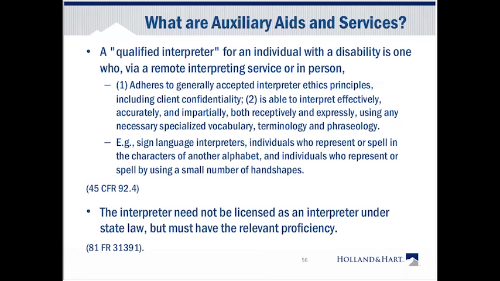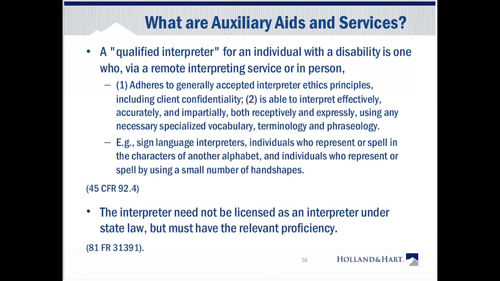So a qualified interpreter for someone with a disability, as opposed to someone with limited English proficiency, still has to adhere to generally accepted interpreter ethics principles, including confidentiality, and has to be able to interpret effectively, accurately, and impartially, both receptively and expressively. That is different from the LEP definition, using any necessary specialized vocabulary, terminology, and phraseology. That mirrors the other definition.